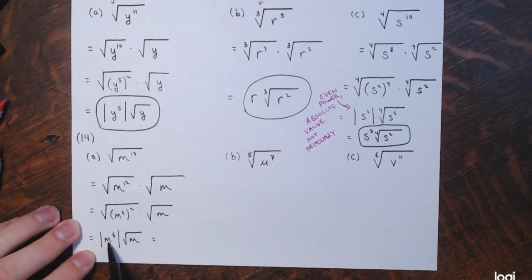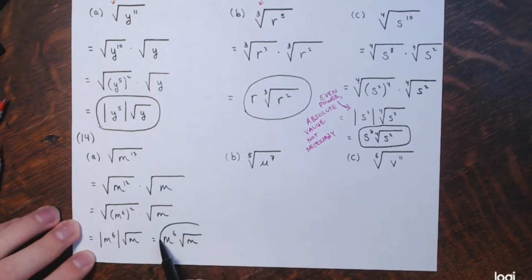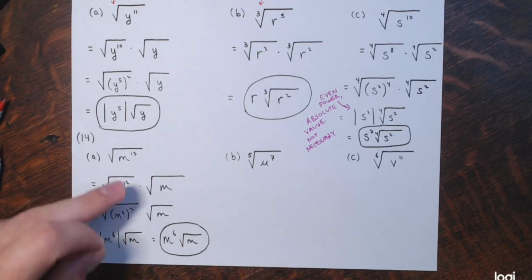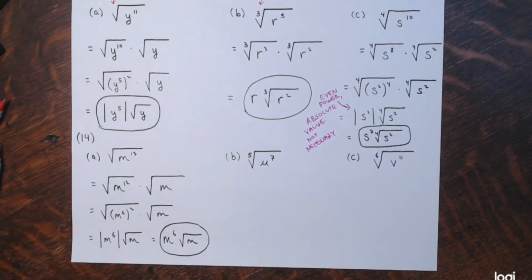Any real number to an even power is not going to be negative anyway. So the absolute value of m to the 6th is just m to the 6th, and then you still have times the square root of m. And there you go. And once again, test it out. Replace m with some values and see if these are actually the same expression, same value. They should be.